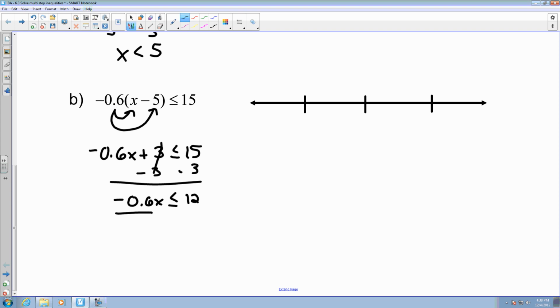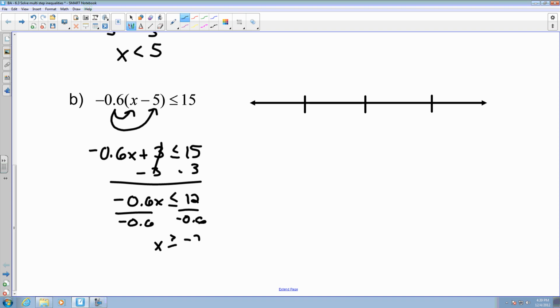And now I divide both sides by negative 0.6. So 12 divided by negative 0.6 gives me negative 20. So I have x, but because I divided by a negative number, I shall flip my inequality.